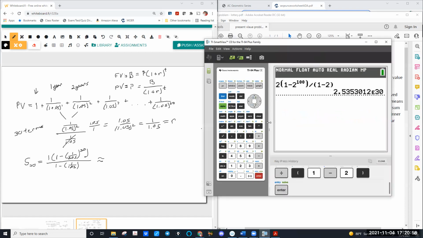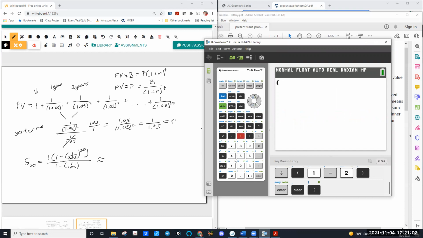Let's bring over our calculator. We don't need to put in the 1 for this, so 1 minus, and I'm going to put it in exactly how I have it written, to the 30th, divided by 1 minus our common ratio.